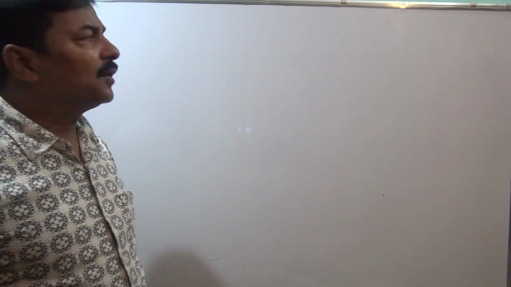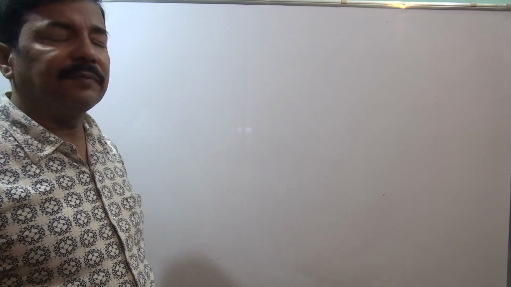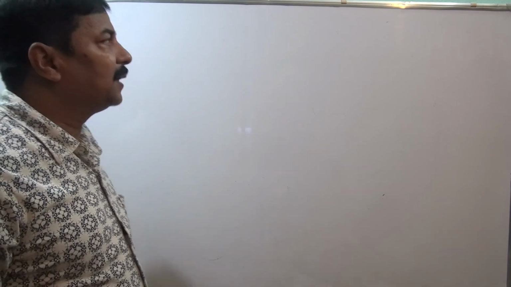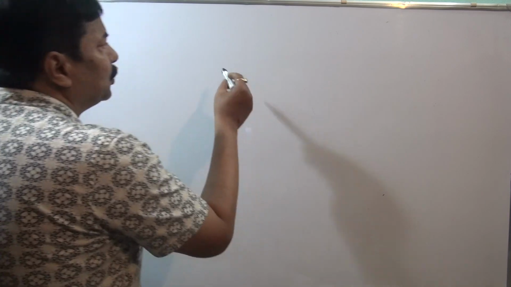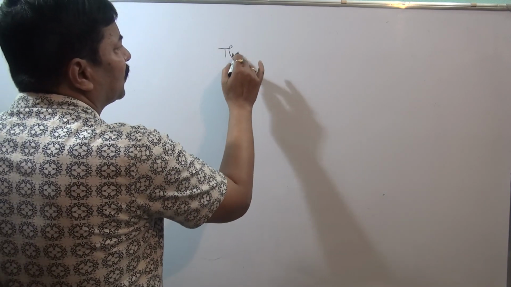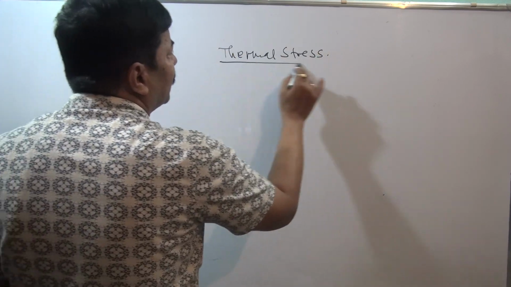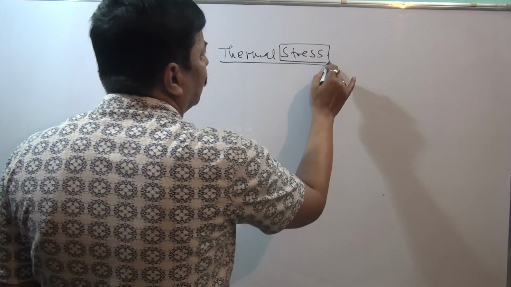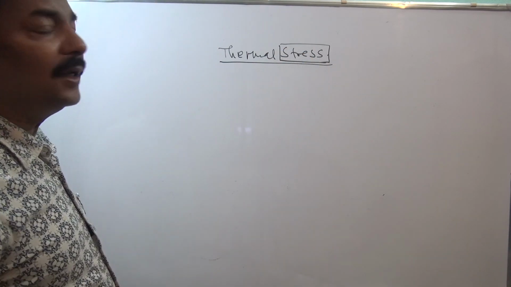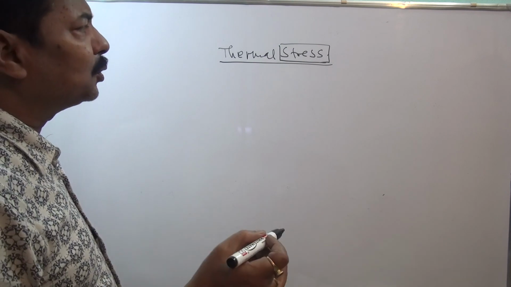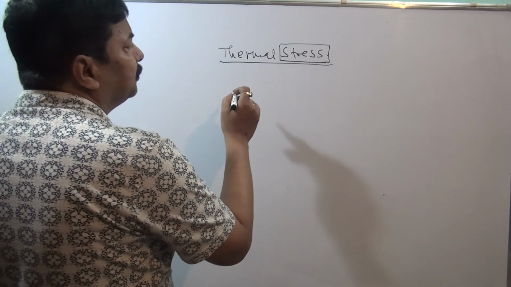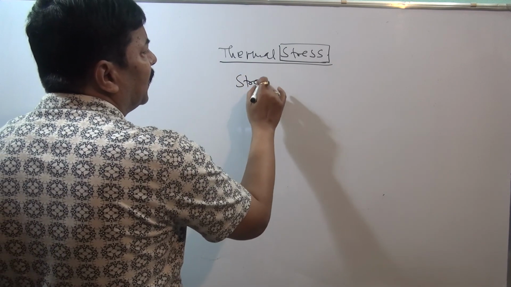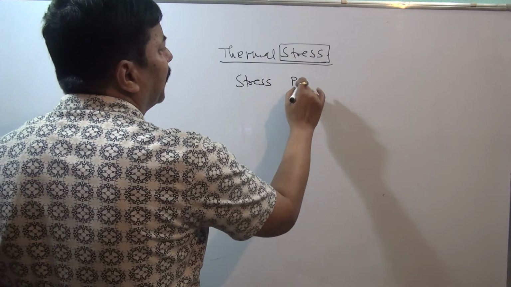Now we will try to understand the third concept of thermal expansion, linear thermal expansion, that is being used in your thermal stress. This stress word will be taught to you in detail in elasticity. Here you should understand that stress is dimensionally equal to pressure.